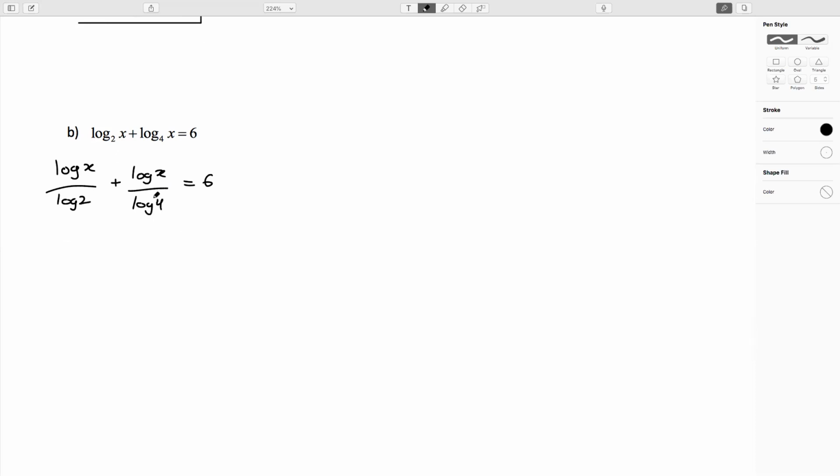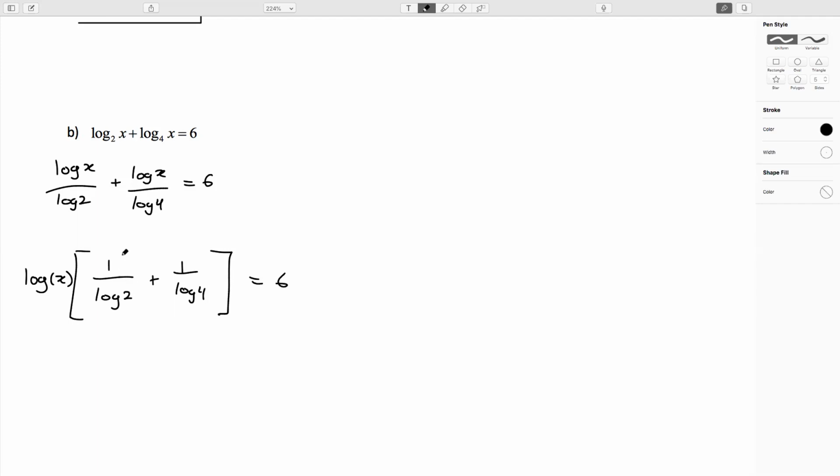So what I'm going to do is factor log x out, and this is probably going to seem kind of weird, okay? I'm just going to write this as log of x times 1 over log 2 plus 1 over log 4. And that's going to equal 6.